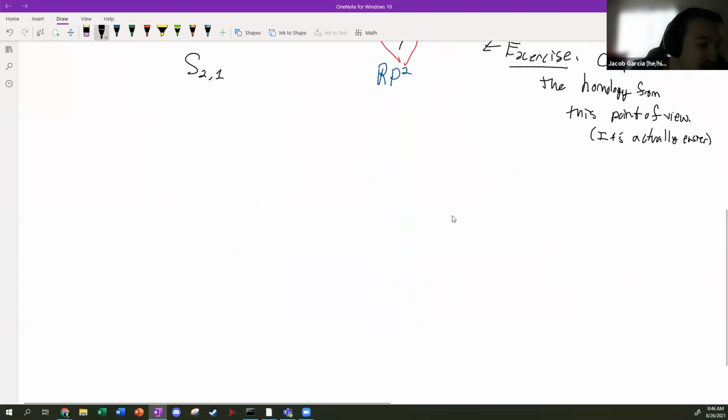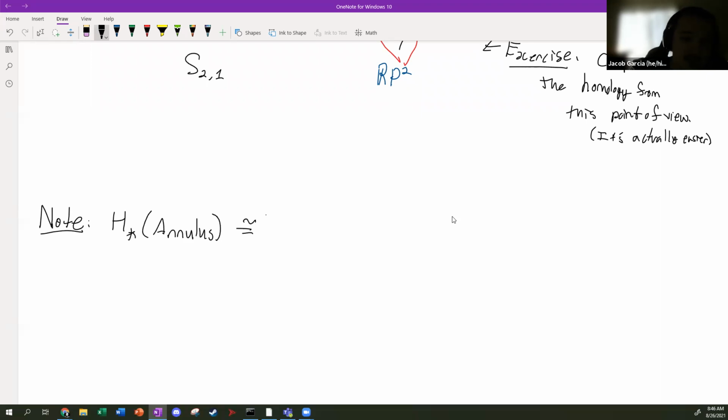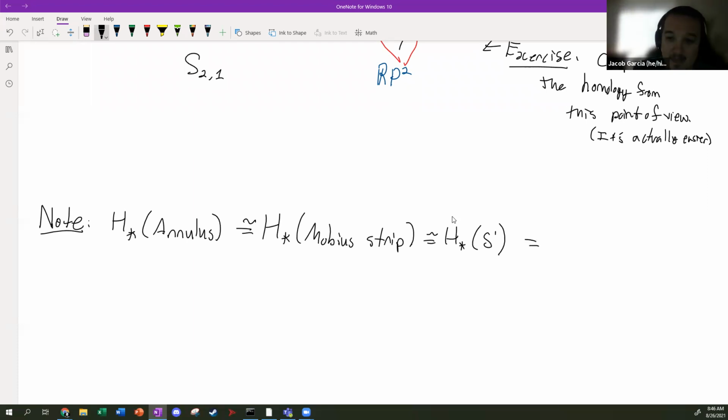But yeah, okay. So first, let's note that the homology sequence of the annulus is the same as the homology sequence of the Mobius strip, which is just the homology of the circle S1, which is Z for q equal to 0 or 1, and it's 0 for q greater than or equal to 2.